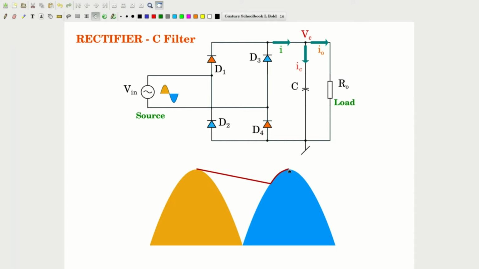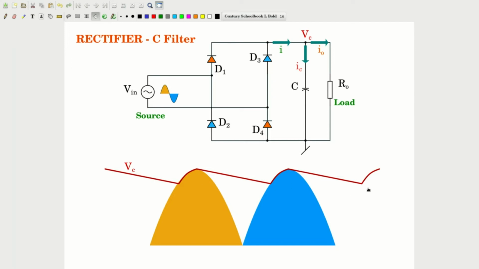And then again up to this point, the period repeats, and you will see the capacitor discharging in this fashion. The moment the capacitor starts discharging like this, and the input also starts to flow down along the sinusoidal path, you will see there is a difference in potential. The diodes are reverse biased and they turn off.